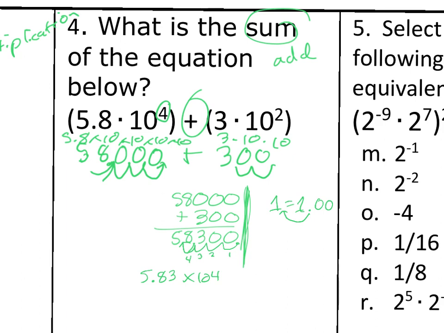And actually, I'm not happy with the notation that I just wrote. It's right, but see how the 4 looks too big? So I'm going to shrink up the 4 and put it more in the sky. There we go. So 5.83 times 10 to the fourth power is the sum of the equation that you noticed above. Man, what a gorgeous, most beautiful problem I've ever seen. Just a teardrop to my eye. It's beautiful.